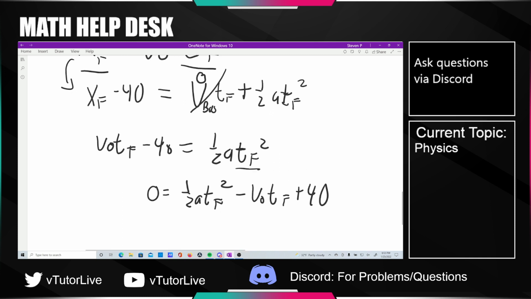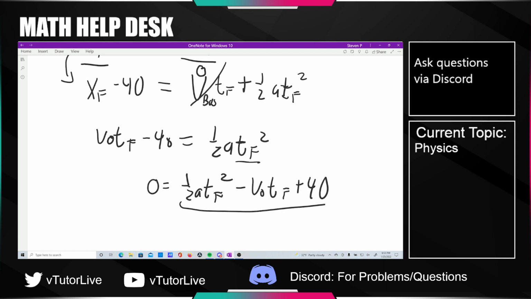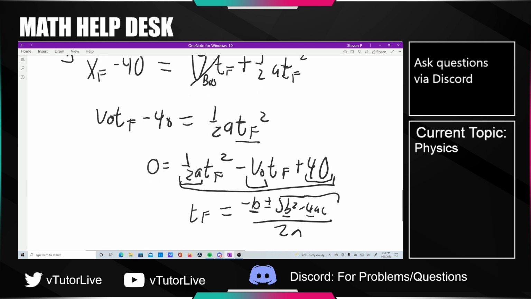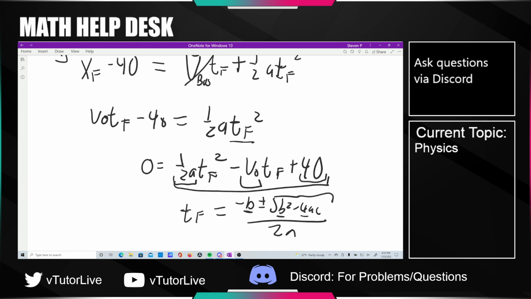And at this point, this is just a quadratic equation, so plug it into your favorite formula, the quadratic formula: minus b plus or minus the square root of b squared minus 4ac over 2a. Just figure out what these coefficients are by looking at the terms in front of the t's, or the constant term.